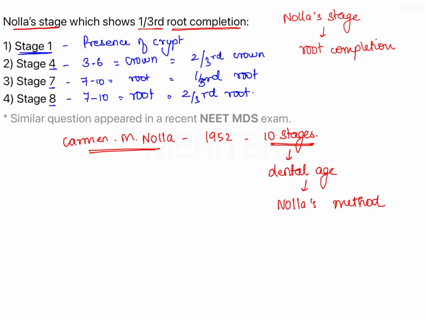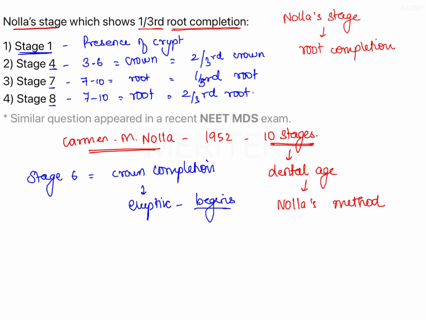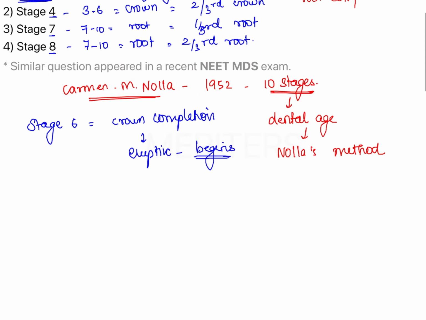And another important point I would like to tell is that stage 6 denotes the crown completion. So once the crown is completed, the eruptive movements of the tooth begin. It is very, very important. So at stage 6, the eruptive movement of the tooth begins, whereas stage 8 denotes 2/3 root completion.